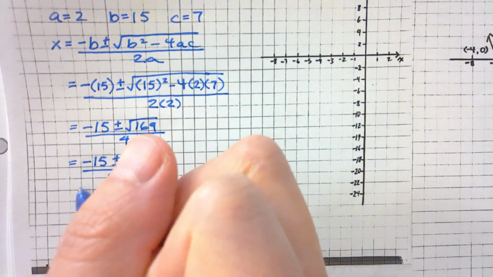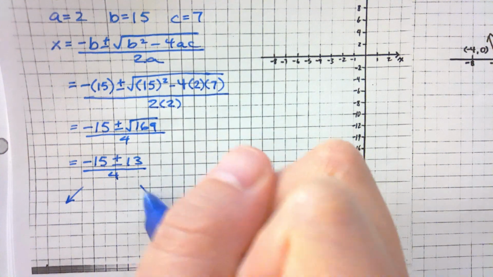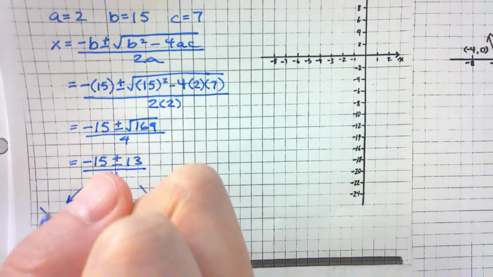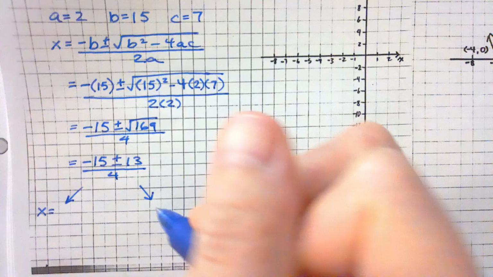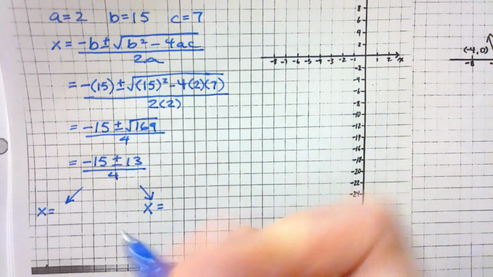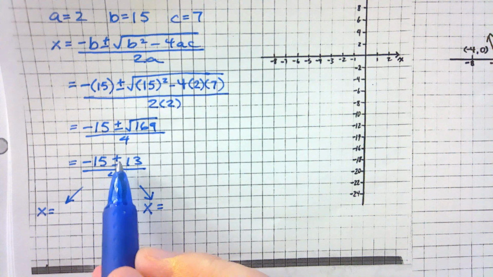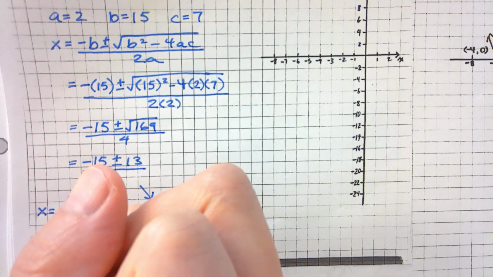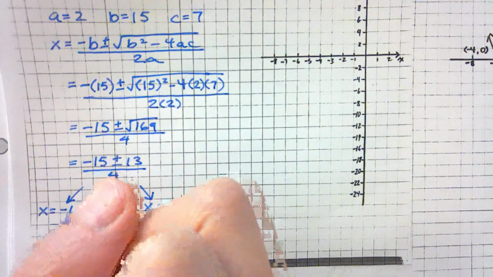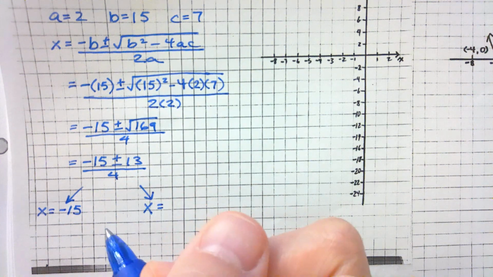Okay, so Rashawn. Now I'm gonna break this up. What are my two parts now? So now I'm gonna break up the plus minus part. Okay, so this is negative 15.